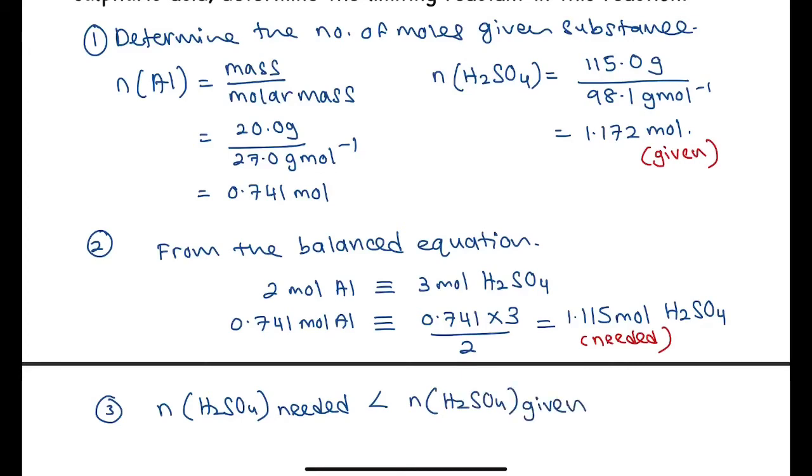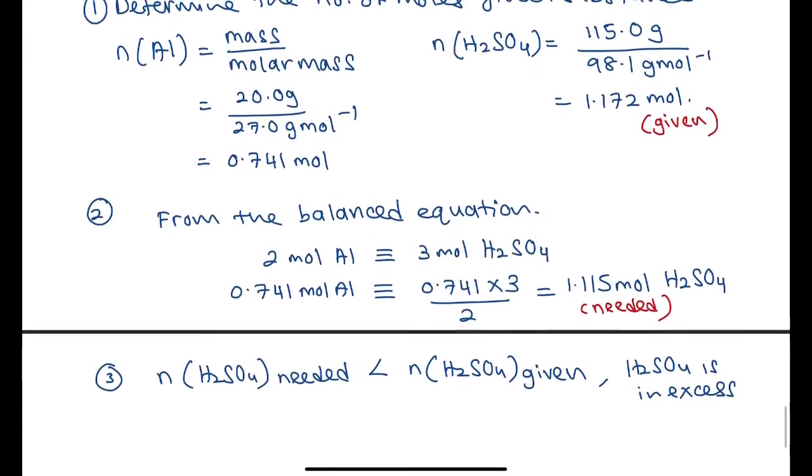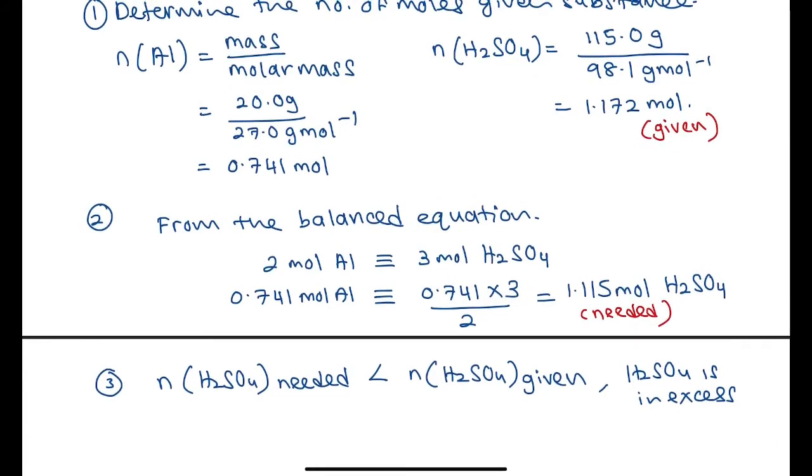So this shows that sulfuric acid is in excess. So when one of the reactants is in excess, the other reactant becomes the limiting reactant. Therefore, we can conclude that aluminium is the limiting reactant.